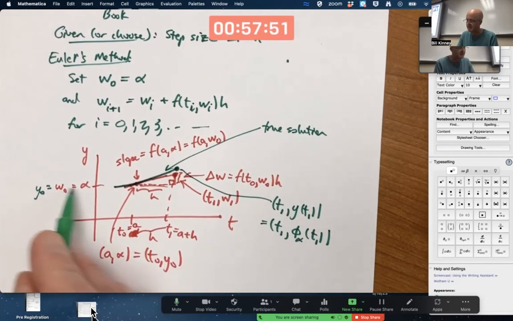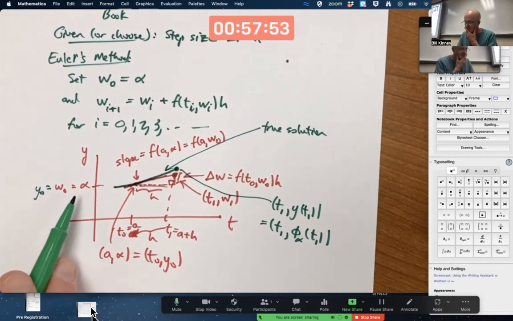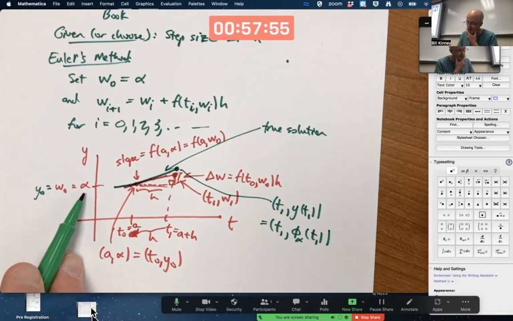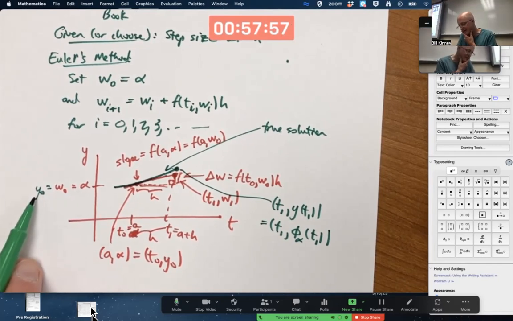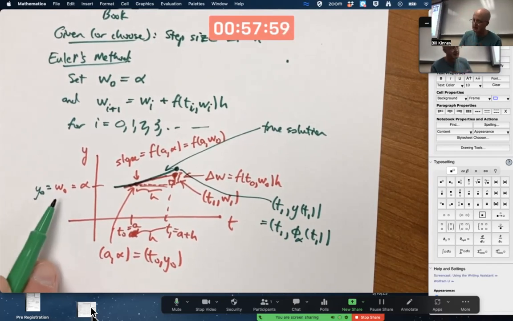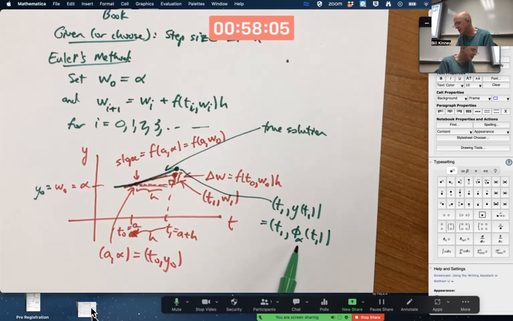These are all the same. The book uses alpha as the initial value of y. I often use y naught, so that's why I have a y naught there. w naught, by definition, in Euler's method is the same value. So if I use my solution function notation with phi as the function name and the subscript giving you the initial value of y, I would put an alpha there, and this would be evaluated at t1.